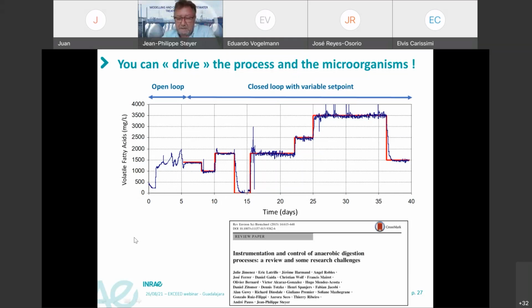If you're interested, there's a paper we published like 6 years ago now on instrumentation and control of anaerobic digestion, and Victor and Hugo were involved in this paper. So if you're interested, it's a nice paper, I think.